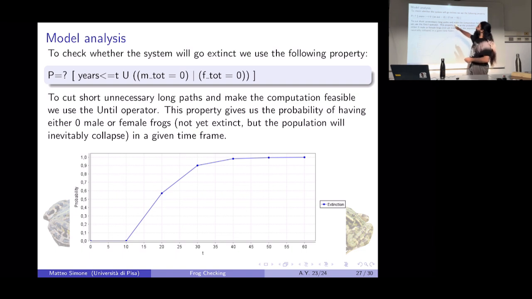To check this, we ask, what's the probability, so P equal that, what's the probability of having 0 males or 0 females, which is the step just right before extinction, in T years.